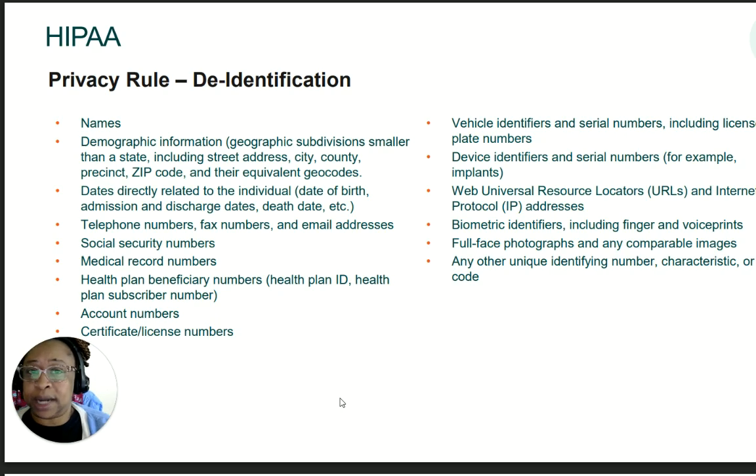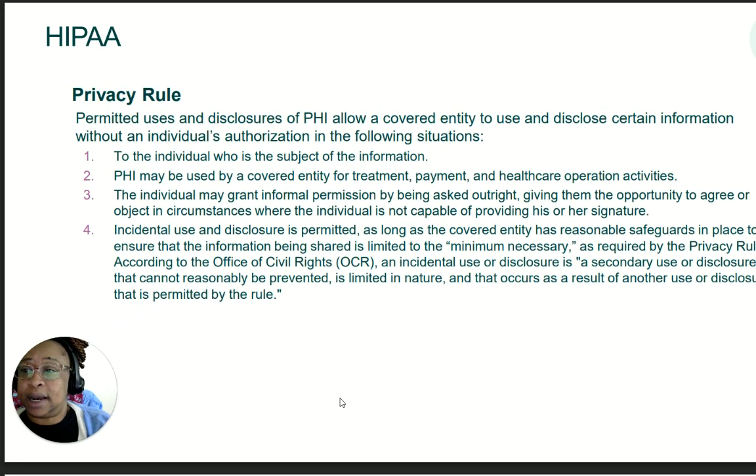Let's go deeper in depth. This Privacy rule also covers the permitted use and disclosure of PHI, protected health information, and allows covered entities to use and disclose certain information without an individual's authorization in the following situations only. Number one, to the individual who is the subject of the information.